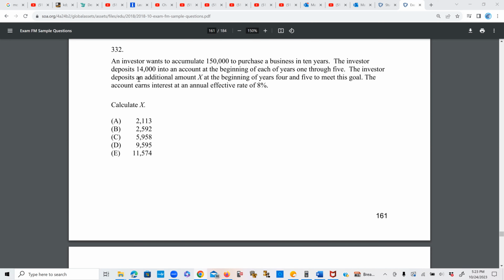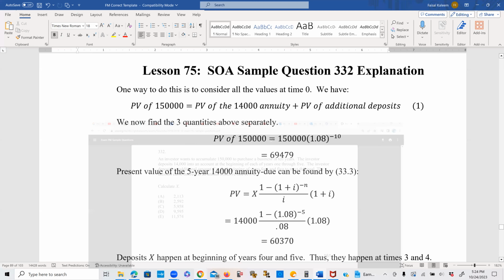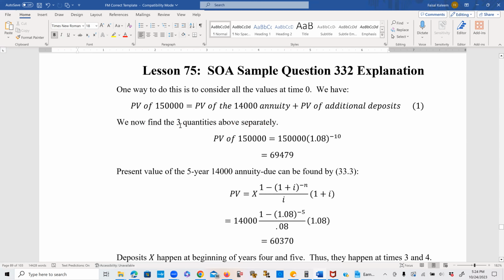Now, one way to do this is to collect everything at time 0. So you can find the present value of this 150,000 and then the present value of all the deposits, and they should equal. So we take that approach, and the present value of 150,000 will be the present value of the 14,000 part of the annuity plus the present value of the 2 additional deposits.